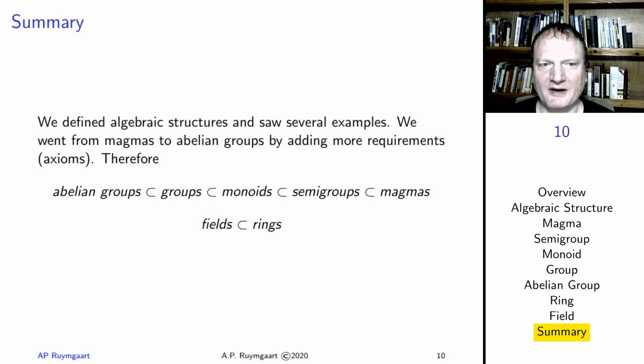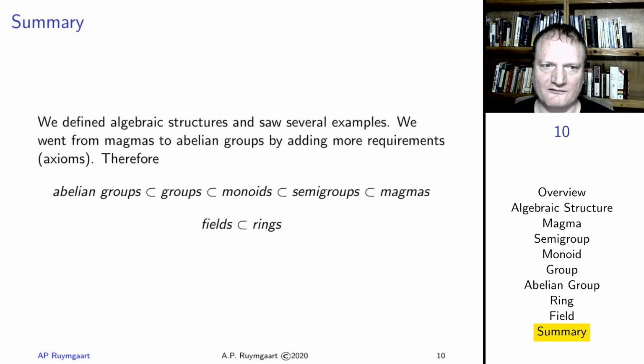And we went from magmas to abelian groups by adding axiomatic requirements, things like associativity, commutativity, identity elements, etc. So we can think of these structures as a set of magmas where semigroups are a subset of magmas that are associative, and monoids are a subset of semigroups that have identity elements, and groups are a subset of monoids that have inverse elements, and abelian groups are commutative groups, so they are a subset of groups.